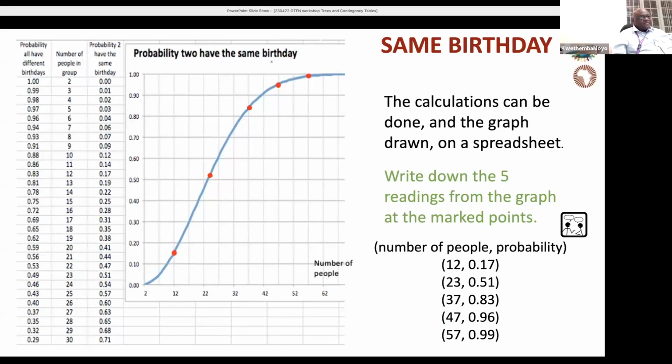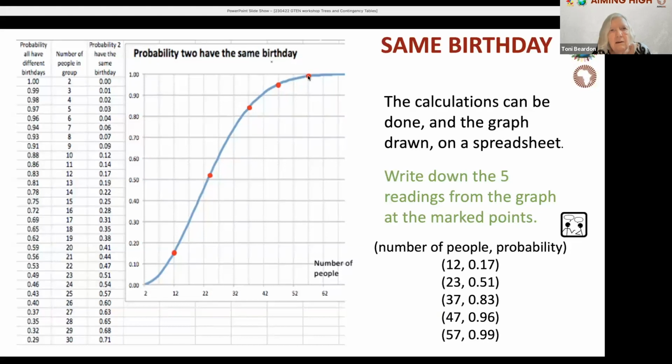they're approximate. But the 12 and the 23 are ones that are in the table, and the 37 is halfway between 32 and 42, and it's that point, which is 0.83. The next one is 47, which is 0.96, and 57, which is very close to 1.